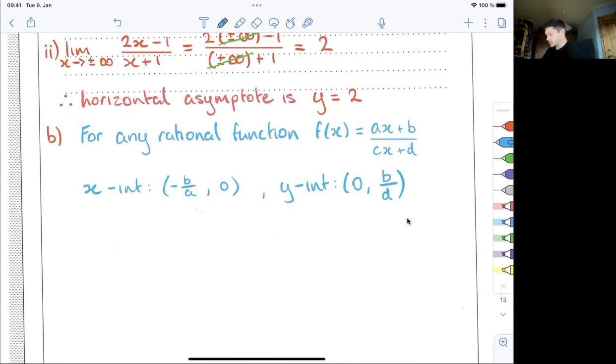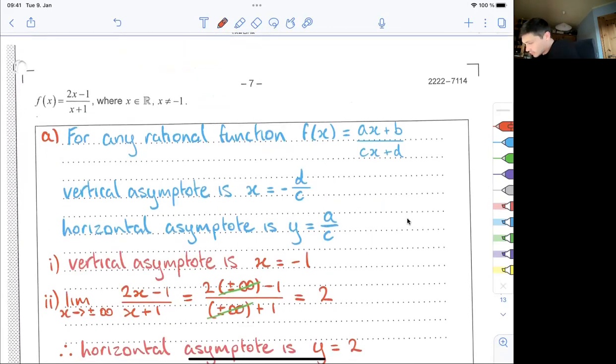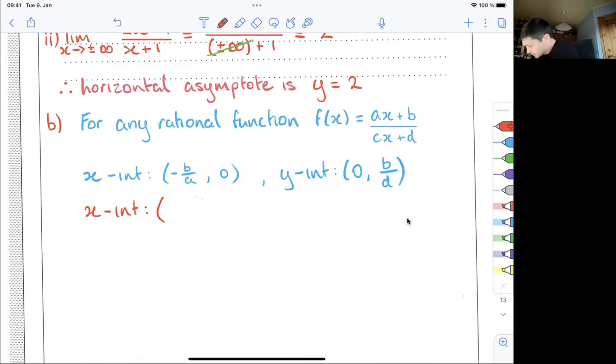Okay, cool. So in terms of our question here, the x-intercept is going to be not -0.5. It's going to be, what do we have? So yeah, -1/2, beg your pardon.